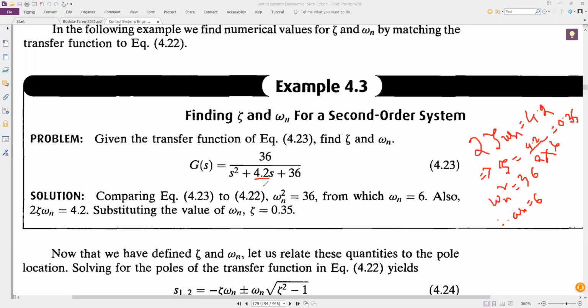That is 2 zeta omega n, and this term is omega n square. Omega n square is 36, omega n is 6, and 2 zeta omega n is 4.2, so zeta is equal to 0.35. Okay.